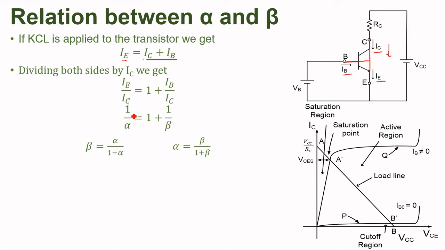Hence, we get 1 upon alpha is equal to 1 plus 1 upon beta. We can simplify this equation and represent beta and alpha in terms of each other like this. So, beta is equal to alpha upon 1 minus alpha and alpha is equal to beta upon 1 plus beta.